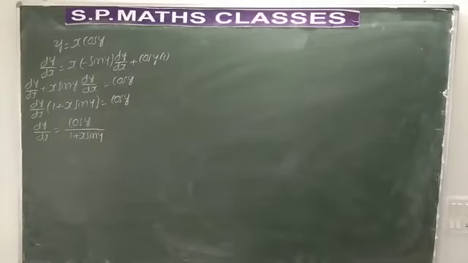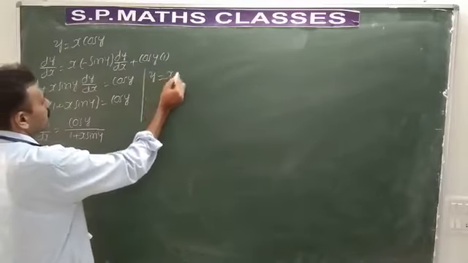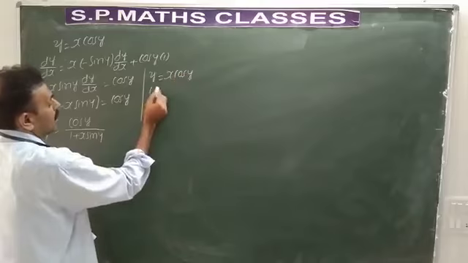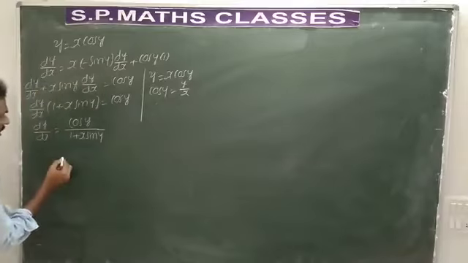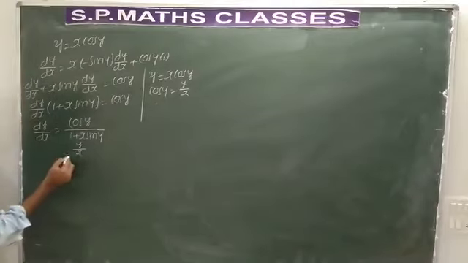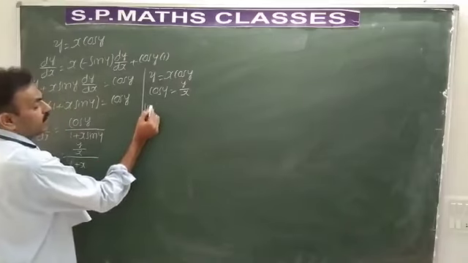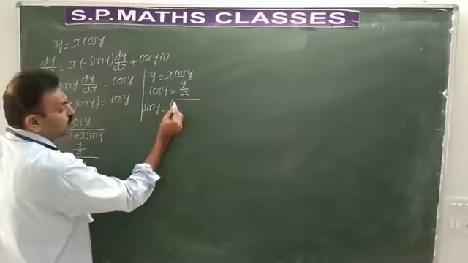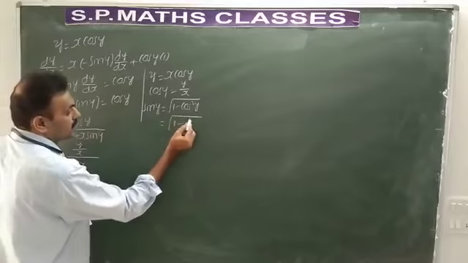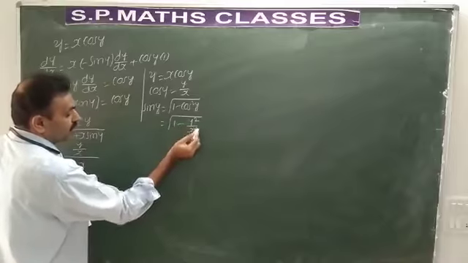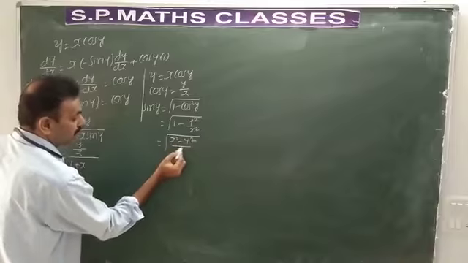If you want to simplify further, please see here, on the RHS I write y is equal to x cos y. Cos y can be written as y by x. 1 plus x into, what is sin y? Sin y can be written as root of 1 minus cos squared, which is 1 minus y squared by x squared. That is root of x squared minus y squared by x squared.